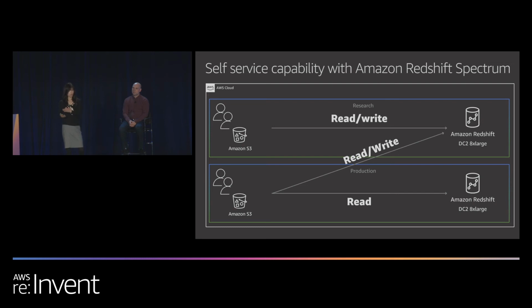Now the user will have the ability to do further processing, and all of this is done at the user level. In the traditional on-premise way, it relies on the database administrator to refresh the data from the production environment to the research environment. Now, with this capability, they can do it themselves.